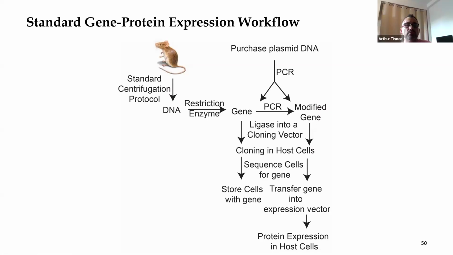All right. So when it comes to going from the DNA to the process of getting an expressed protein, from this DNA that's isolated from a living organism or from what you've purchased, you can use a restriction enzyme to get access to a gene of interest, or from that plasmid DNA that you obtained, do polymerase chain reaction, PCR, and that can give you the gene of interest or even a modified gene.